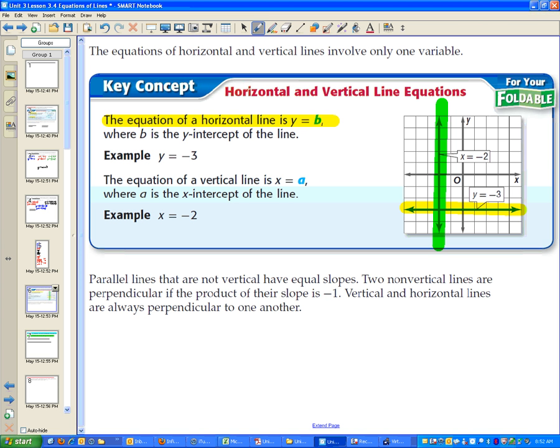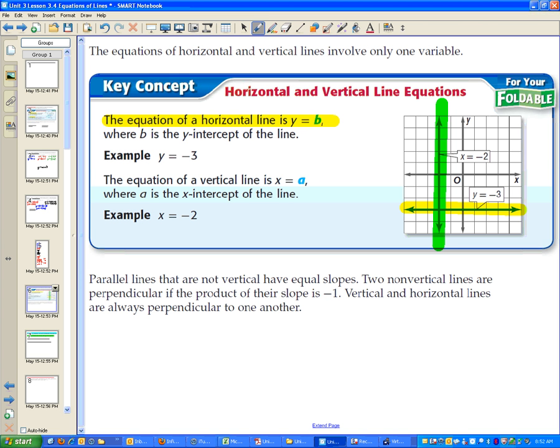Because look at the one I highlighted in green. All the y's are on there somewhere, aren't they? All right? But only one x is on there. -2 in this case. It's the only x that's on there. So you don't need any y's to describe the ordered pairs that make the points that make up the line. All you need to know is that all the x's equal -2.